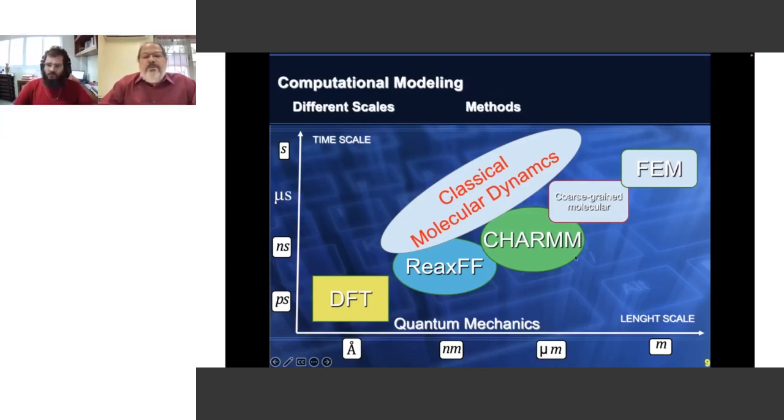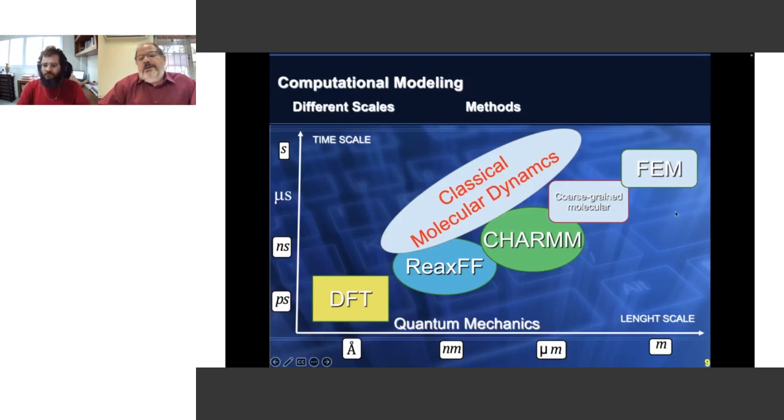There is a very common method like CHARMM, but now we have a very new development with these reactive force fields for molecular dynamics simulation, which is a revolution in simulation.